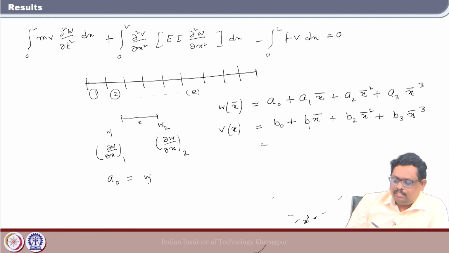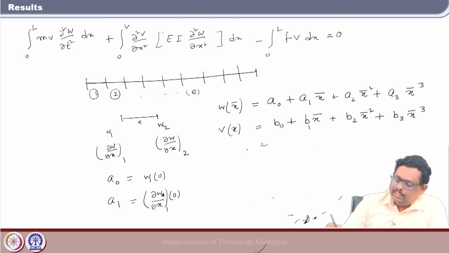And similarly, if I differentiate this with respect to x, I know that my A 1 should be equal to ∂W 1 by ∂x, at x bar equal to 0.